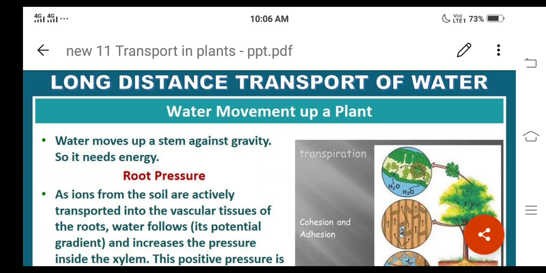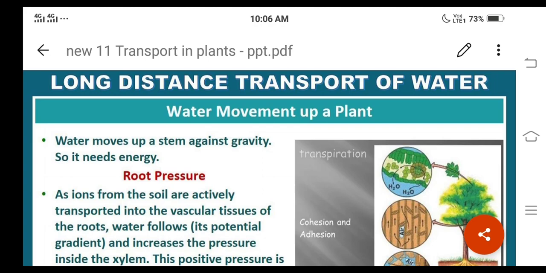Now how will this water move up a plant? This is the concept we have to understand now. Whether it occurs by a passive process or an active process, or any other mechanism is involved.